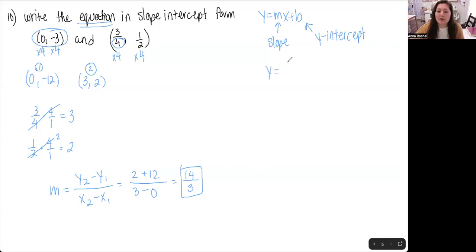So I'm going to end up with y equals 14 over 3 x minus 3. And that's going to be my final equation. Because this is my y-intercept, because they're telling me I move 0 left or right and down 3 on my y-axis, I know this is my y-intercept. I don't have to go any further. I don't have to do a lot more math.